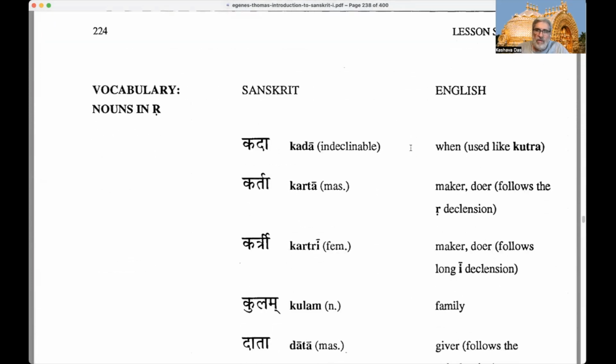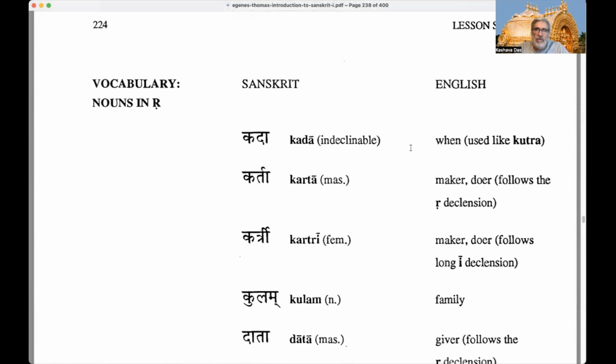Now comes the vocabulary. In the vocabulary, we're going to learn some more words. In Sanskrit, we have kada. Kada is an indeclinable. We remember that all these words that begin with K, which are indeclinables, a lot of them are also what are called interrogatives. They start sentences which are questions.